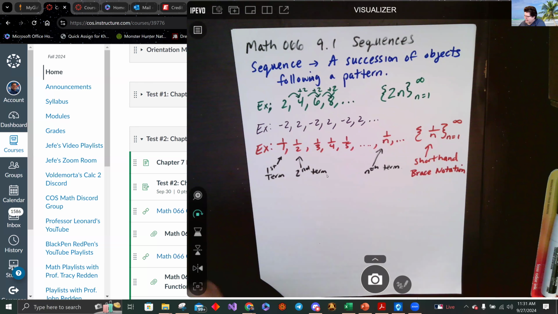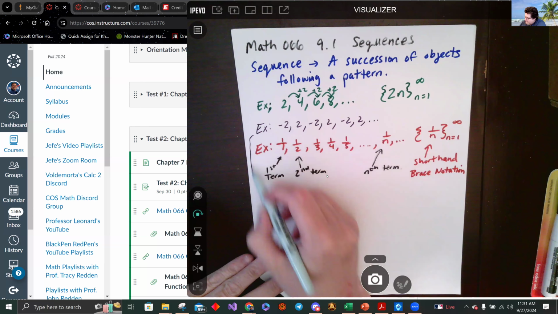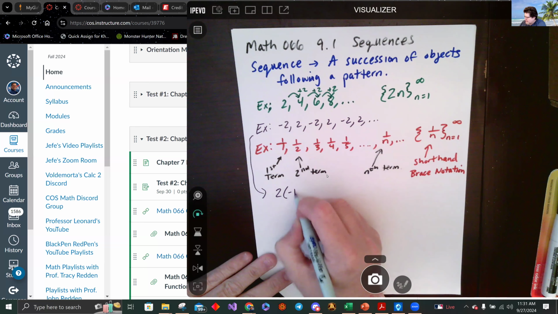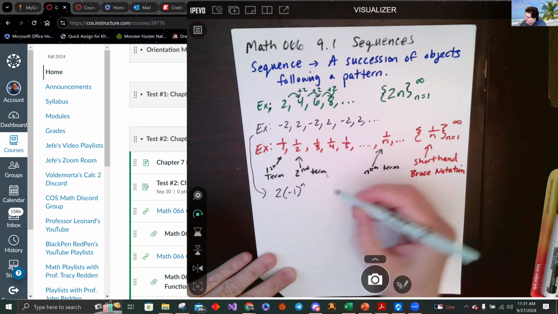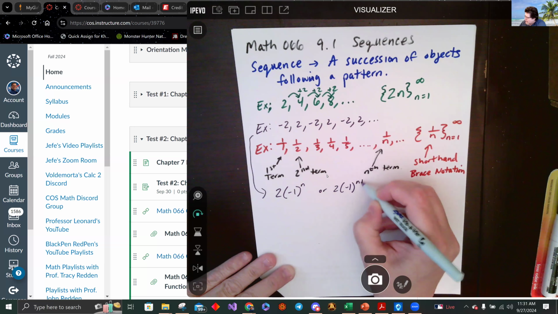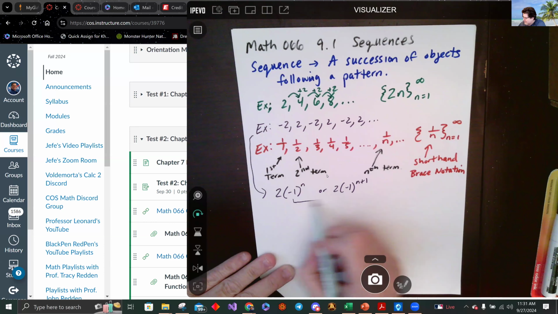I've got something like -2 and 2. This looks like 2 times -1 to the n, or maybe -1 to the n plus 1. I'm not sure which one it is. These two are methods of alternating signs.